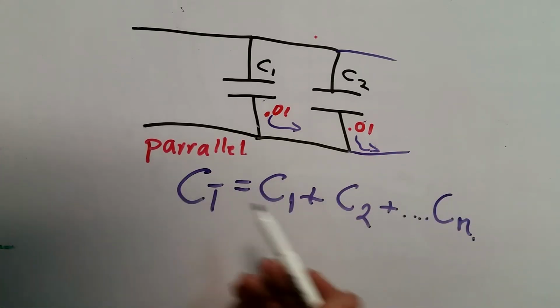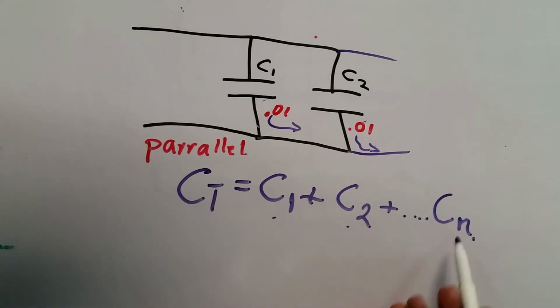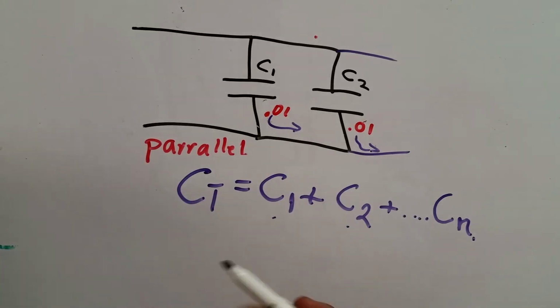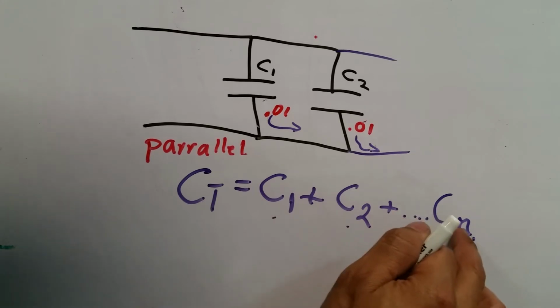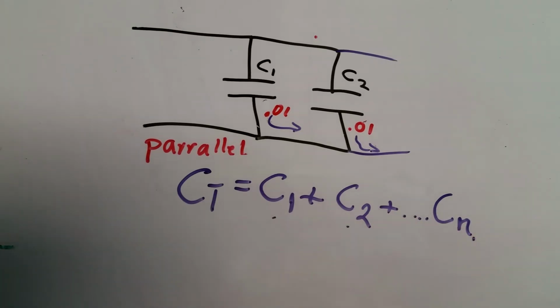So in parallel, we just add the capacitance straight on that formula. And if we had 3 capacitors, we just continue up to Cn, the number of capacitors in that circuit.